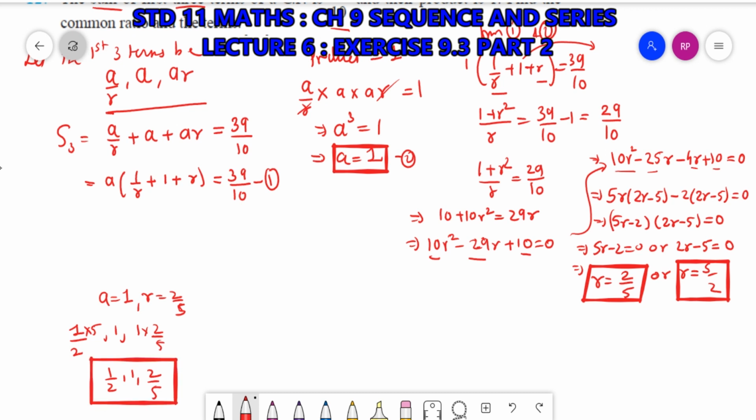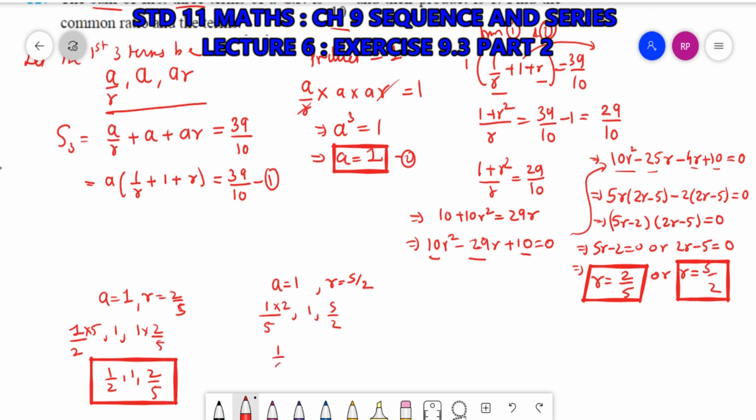Now, when I take A equal to 1 and R equal to 5 by 2, it will be A by R means 1 upon 5 by 2, A means 1, and AR, that is 5 by 2.